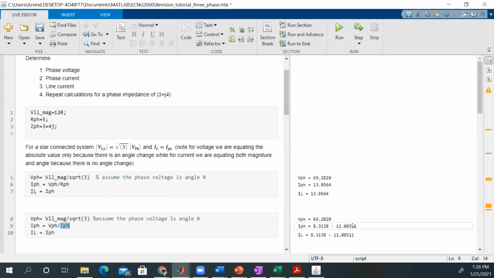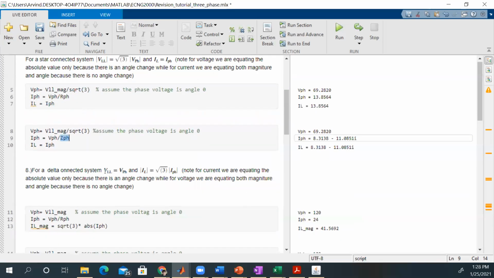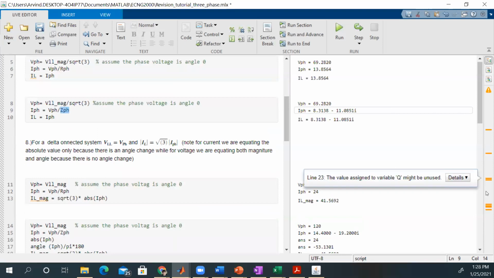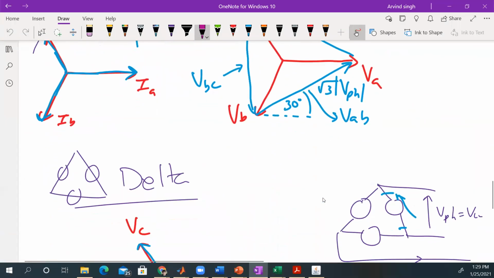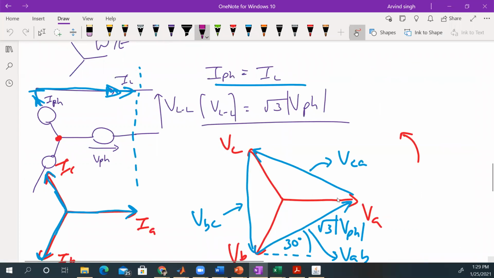So what I did here for simplicity is I assumed the angle at the voltage phase is 0. If I didn't, I would have to adjust it by 30 degrees. If I assume the line-to-line voltage is 0, then I'd have to minus 30 degrees to get my phase voltage. Everybody understands that? Based on our diagrams here, we see the line-to-line voltage was 30 degrees ahead of the phase voltage.